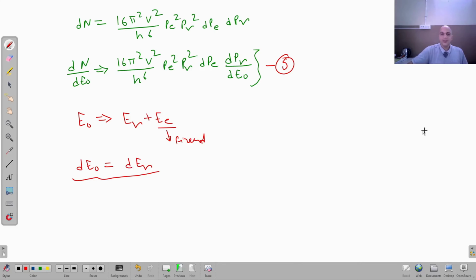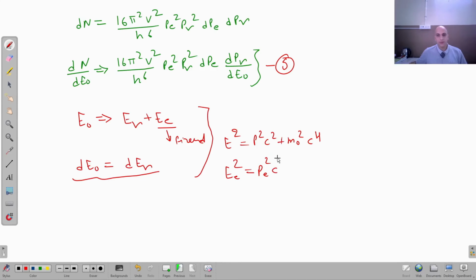We know very well the relation between momentum and energy for both electron and neutrino, from E square is equal to P square C square plus m naught square C power 4. So for electron, E square is equal to pe square C square plus m naught square C power 4, right?